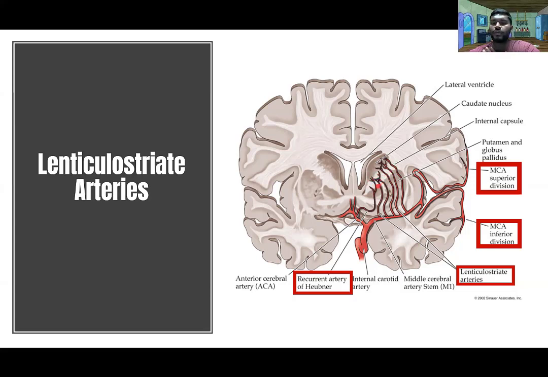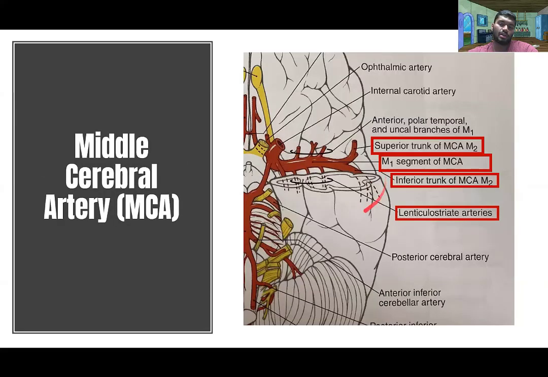So it's very important in movement. As you will see later on, one of the symptoms of a deep MCA stroke is motor deficits, motor issues. That's just to show you visually where these lenticulostriates go. They go deep into the brain, into the basal ganglia.